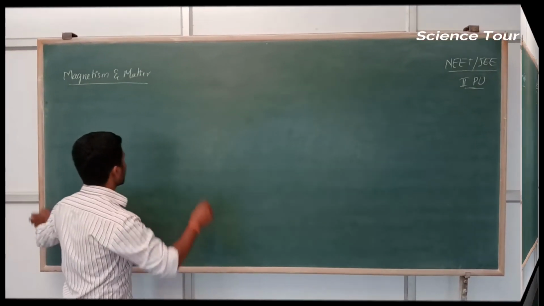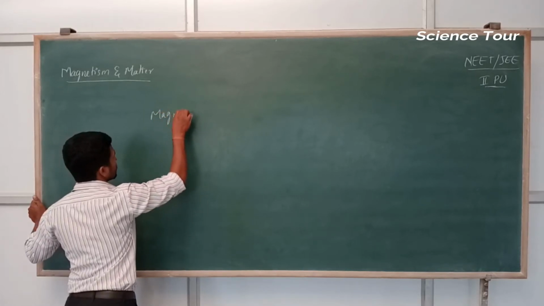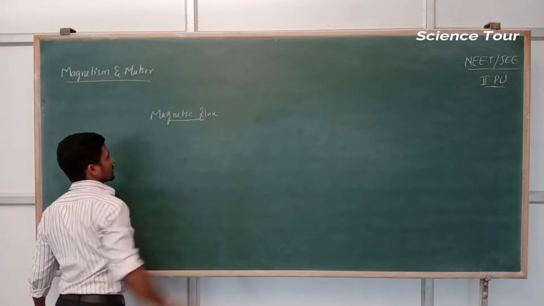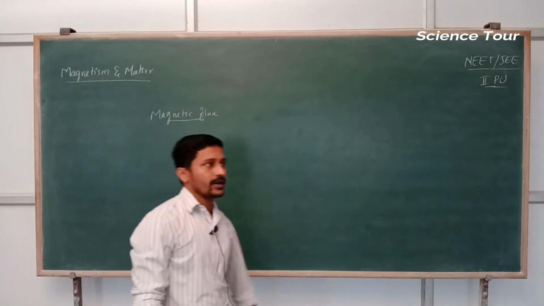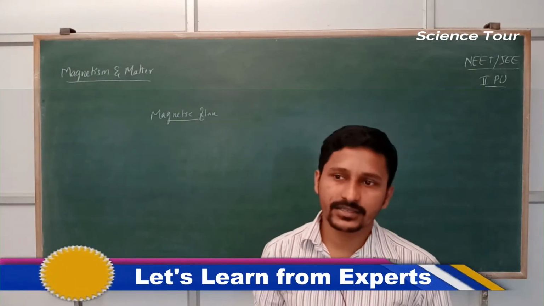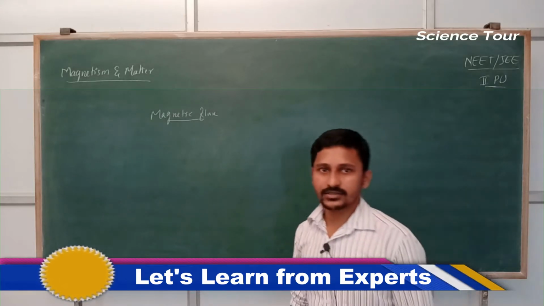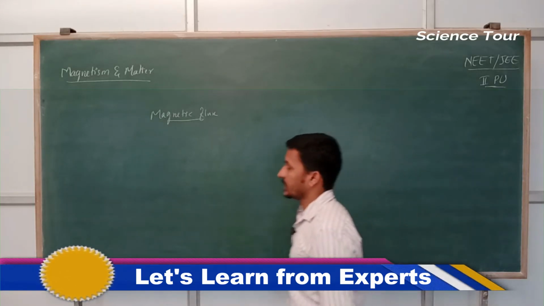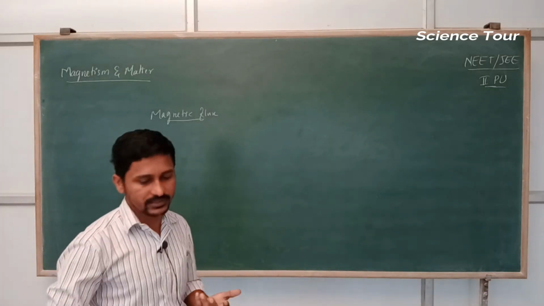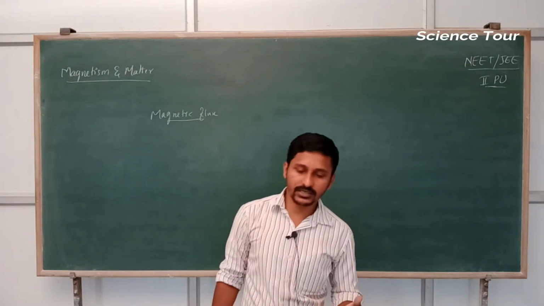We will talk about magnetic flux. You must have heard about electric flux, right? What is electric flux? Electric flux is nothing but the electric field lines passing through the area. Similarly, magnetic flux is nothing but the magnetic field lines passing, or magnetic lines of force.